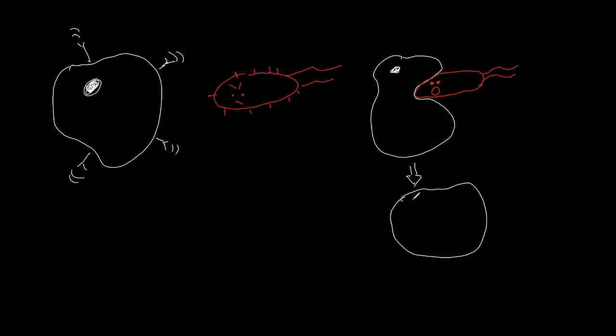Our phagocyte is going to have this guy wrapped in a vesicle, and this vesicle is called a phagosome.